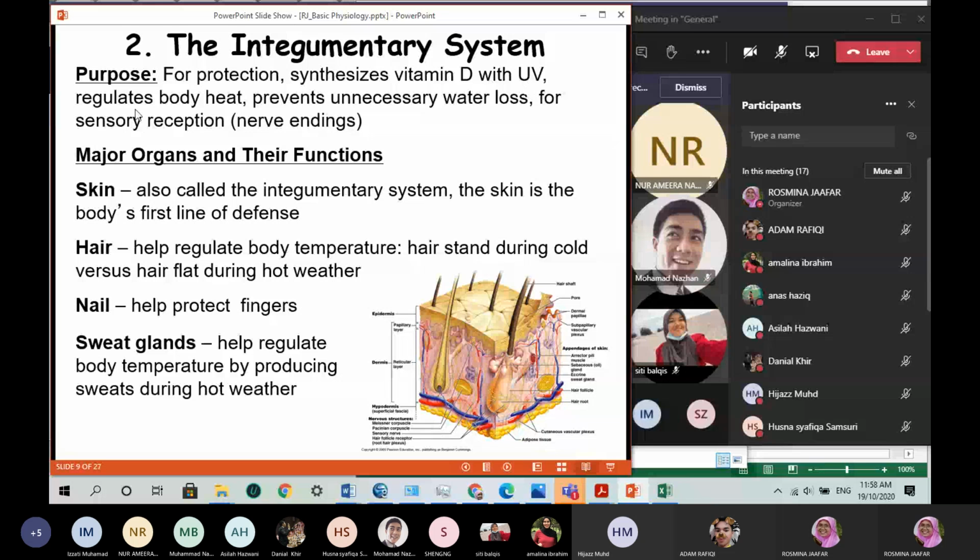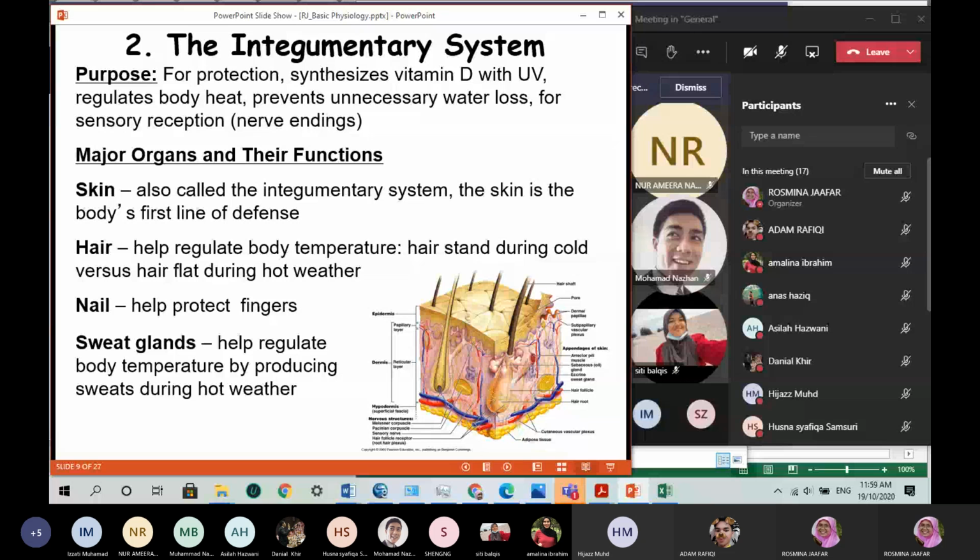And it also helps regulate body heat, because your skin has the hair. Your hair can stand during cold weather, because when your hair stands, it creates a thick layer of air gap, and air is a good heat insulator.